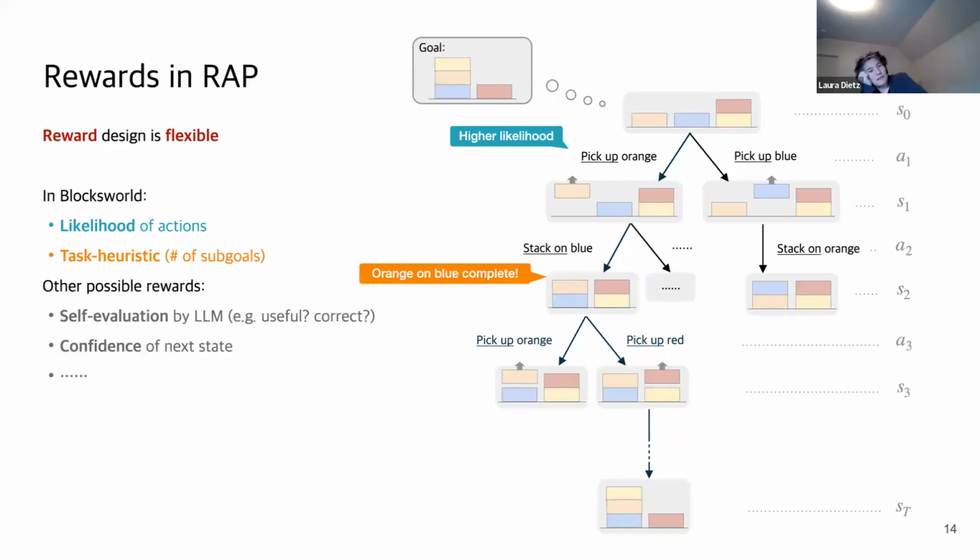The other choice is to count how many sub-solutions are already in place, like the orange is on the blue, so that gives partial credit. But I can see that might work in some problems, while in other problems you might have 99% of the subproblems in place, and then the last action you just cannot take to complete the puzzle.